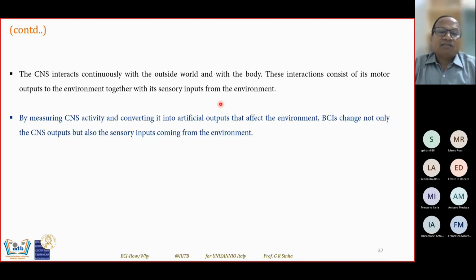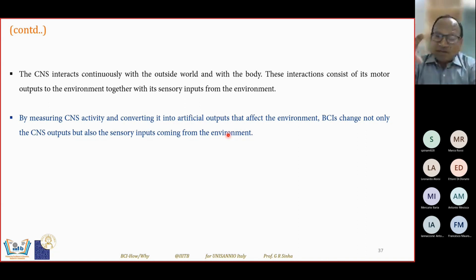By measuring CNS activity and converting it into artificial output, BCIs affect the environment. BCIs change not only the CNS output, but also the sensory inputs coming from the environment.